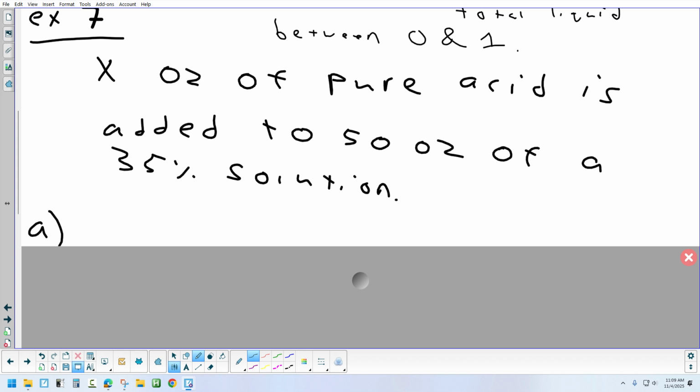So we're going to take that solution that we had, 50 ounces of liquid, 35% of it is acid, and we're going to pour 100% pure acid into what we already have. So what we're doing is we are making it stronger.